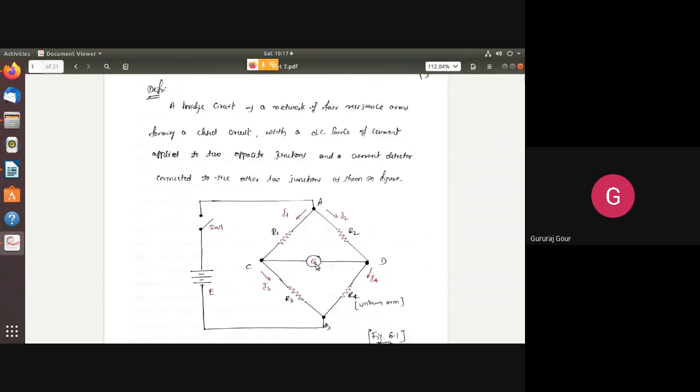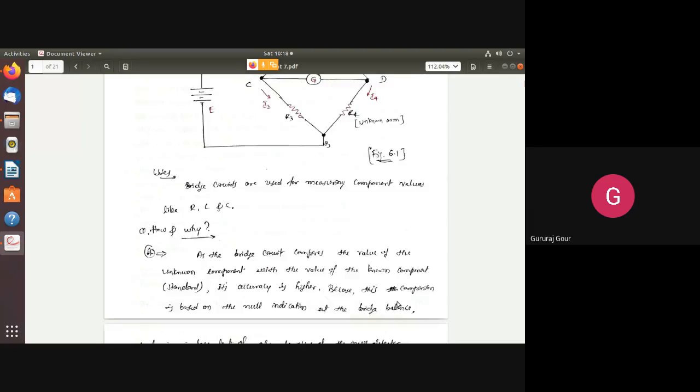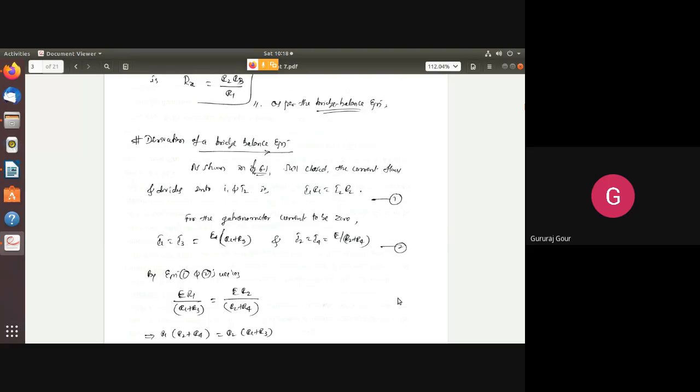Looking at this outer loop starting from E, SW1, A, R2, D, R4, B, and coming back to E, this I2 and I4 again indicates a series circuit. Therefore we can denote this as I2 equal to I4 with E as a source, E divided by R2 plus R4. So this is the current equation as a part of equation number 2.